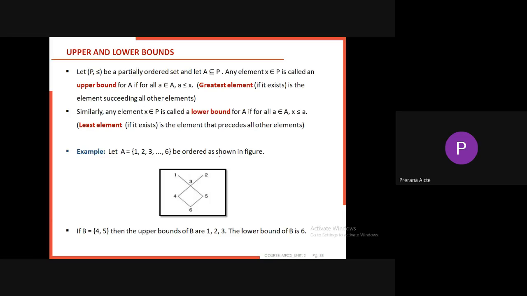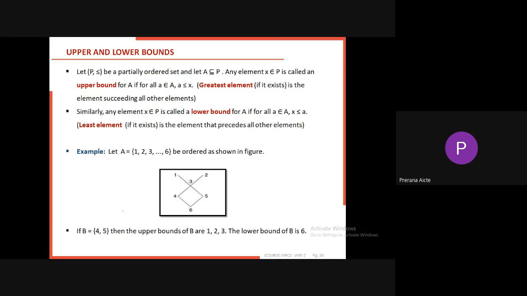Next, upper bounds and lower bounds. From the Hasse diagram, we can identify some elements that are called upper elements and lower elements. The upper element, in another way, is the greatest element, the element succeeding all other elements.